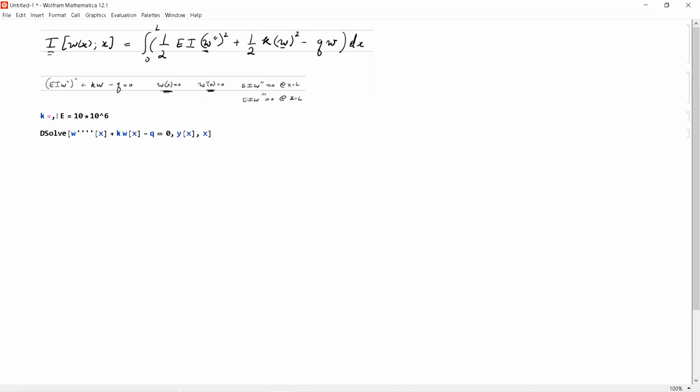Thank you. So 100,000. And I like to put semicolons to keep everything compact. I is just 1 over 12 because it's 1 inch height, 1 inch. And then length is 50.